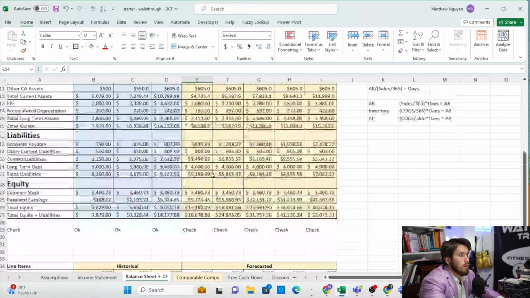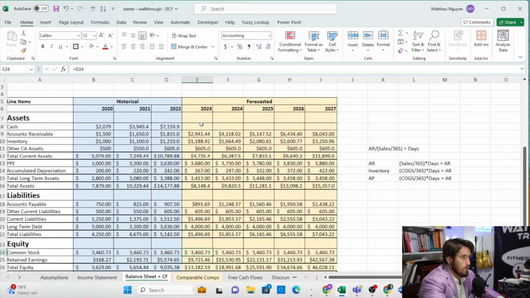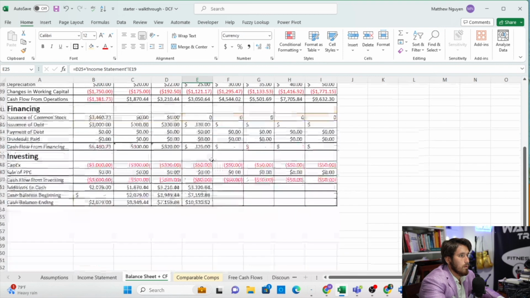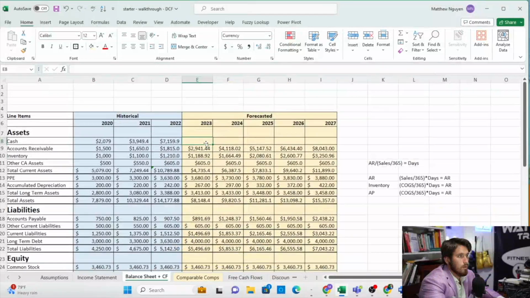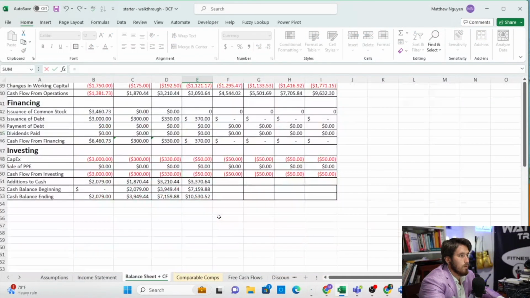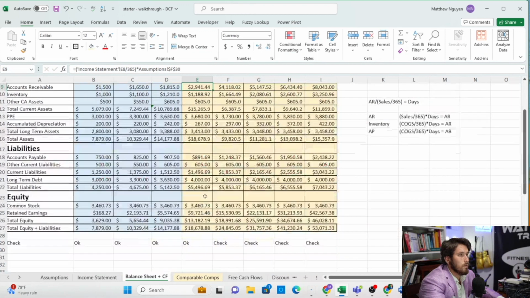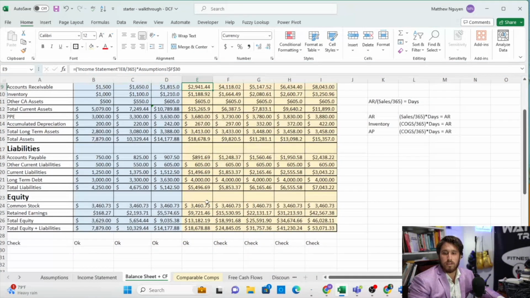All right. And our cash should equal this. All right, it balanced out.